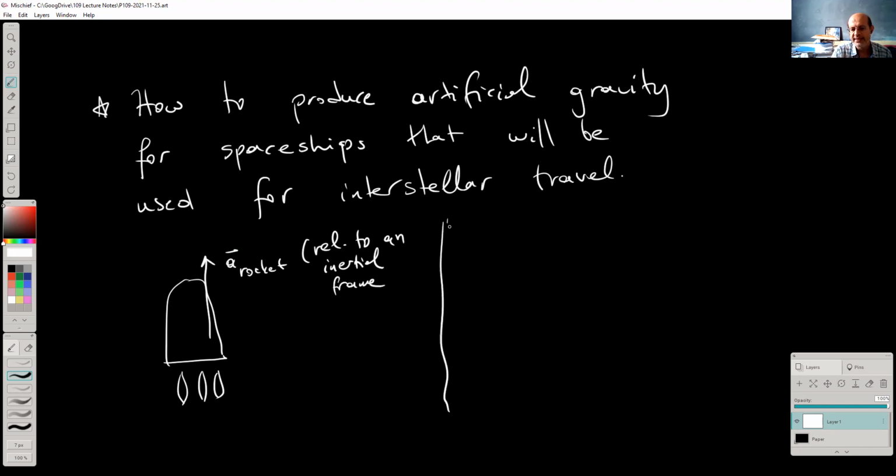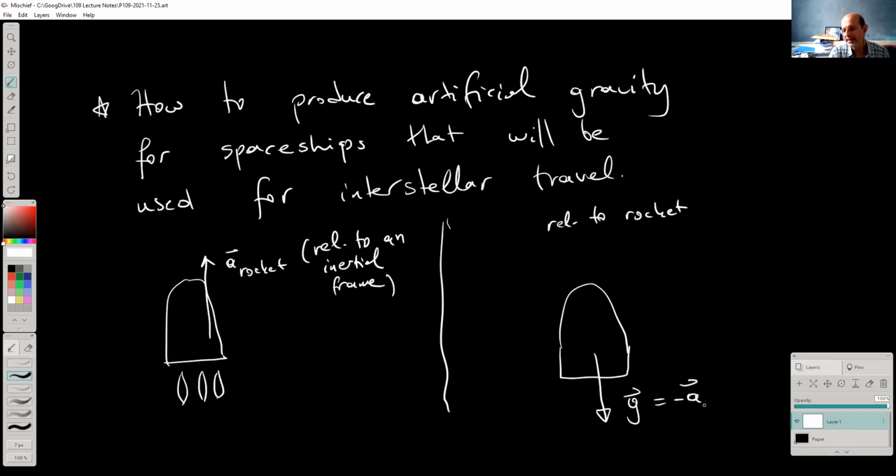In that case, relative to the rocket, we will produce a gravity which is equal to minus the acceleration of the rocket.